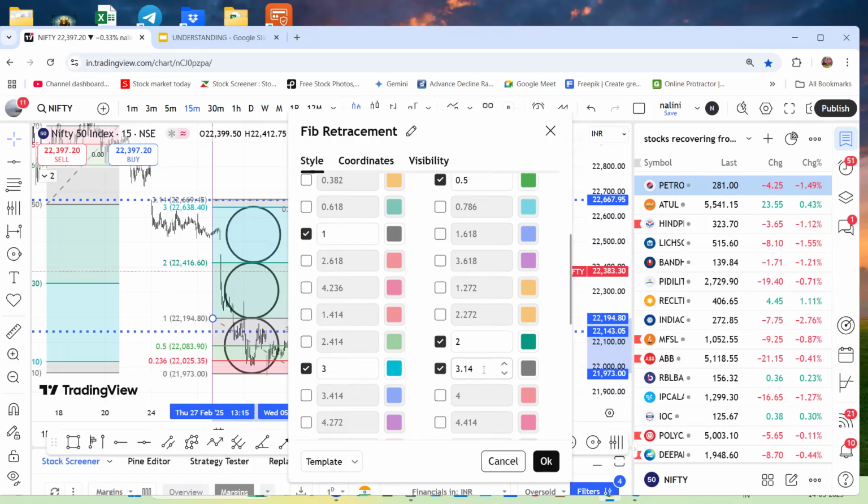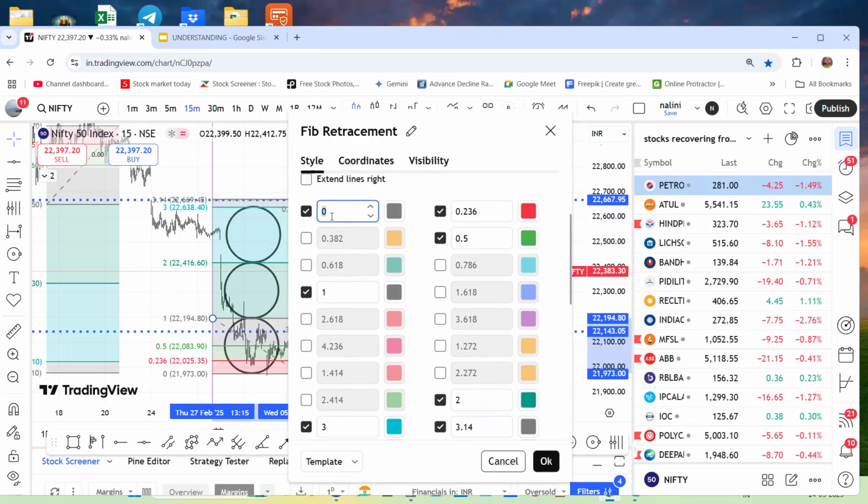It is actually 3, it is not designed that way in the default setting, it will be some other value. I've set 3.14, that is the pi value. So why am I taking this? Ranges 0 to 1, 1 to 2, 2 to 3, and 3.14.